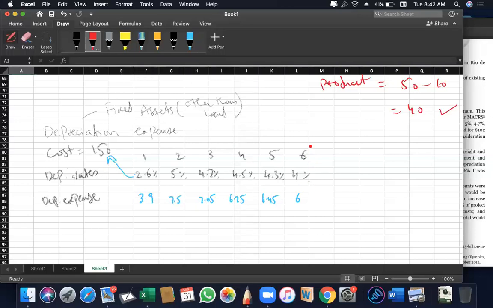Now this is the terminal year, or end of the project year. So here we have to find the book value.